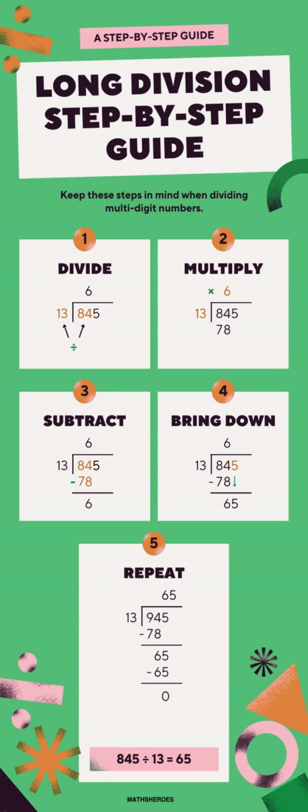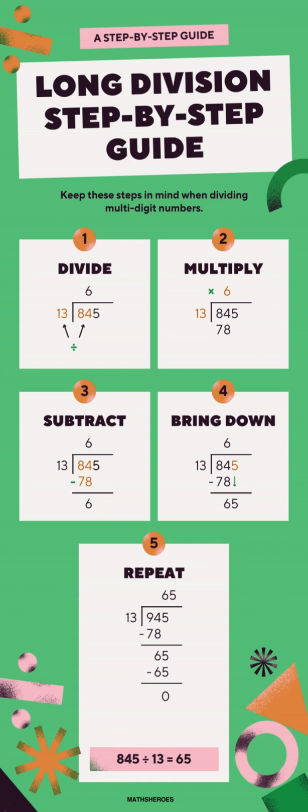So when we need to divide 84 by 13, we get a quotient of 6, and a remainder of 6. But in this case, we only carry the quotient. So when we divide 84 by 13, we get 6.